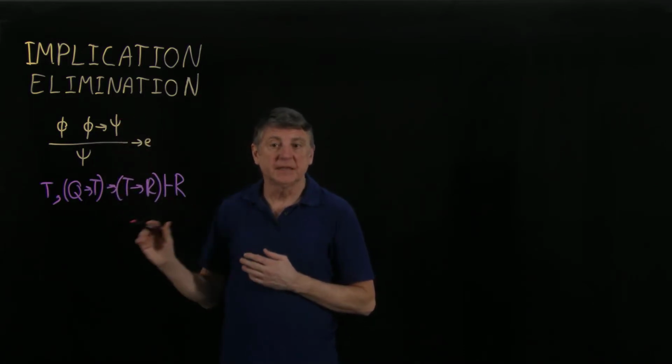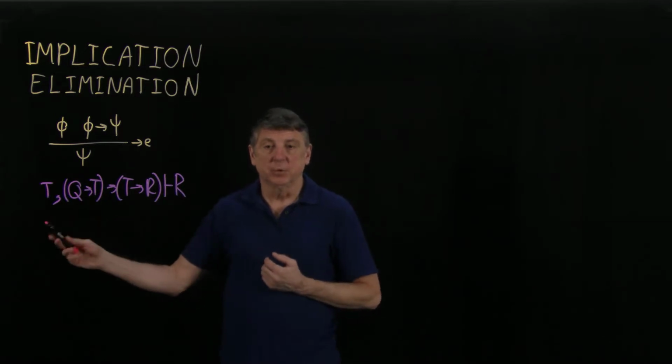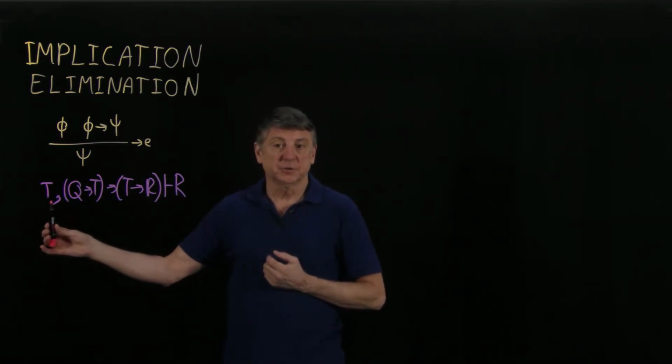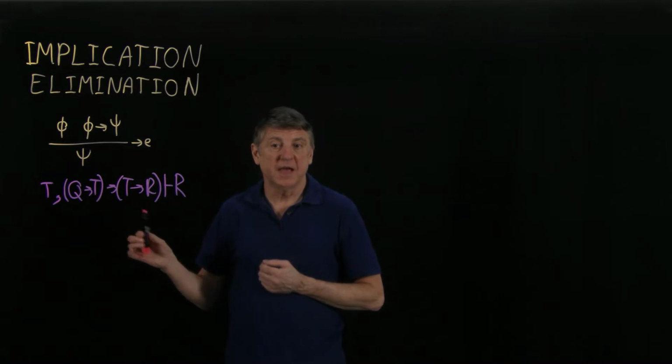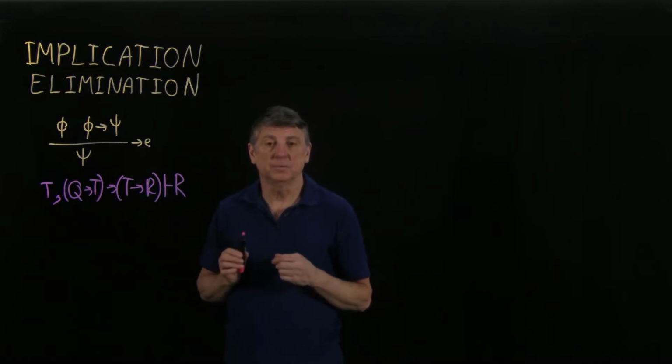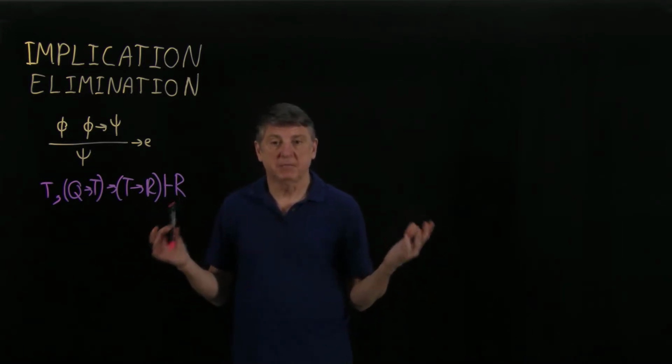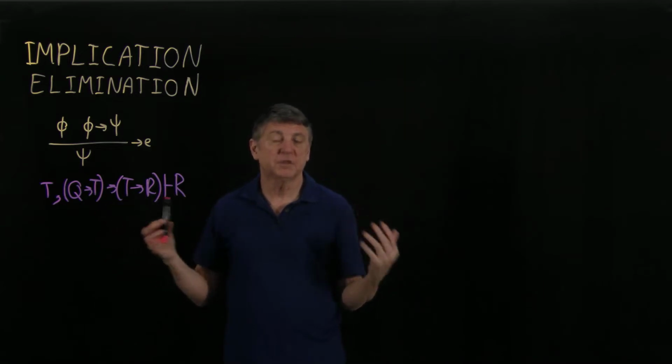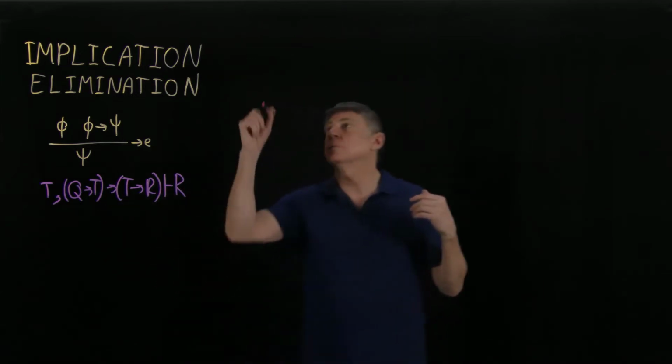And let's take, for example, this sequent, which is assume T, assume this, and what we want to conclude is R. So let's begin by writing down the premises and write down the conclusion and see where we are.